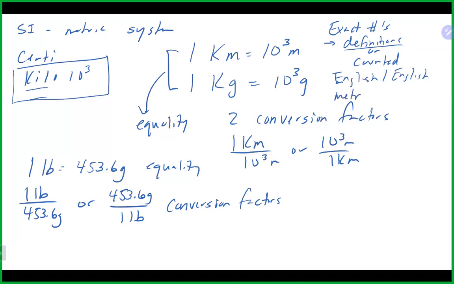Metric to metric conversions are also exact numbers. But when you cross over from English to metric, those are usually not exact numbers, and you do need to look at the number of significant figures in those conversions.